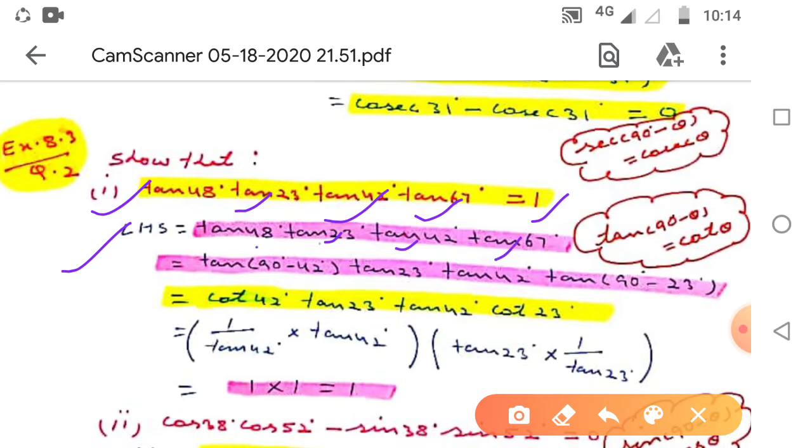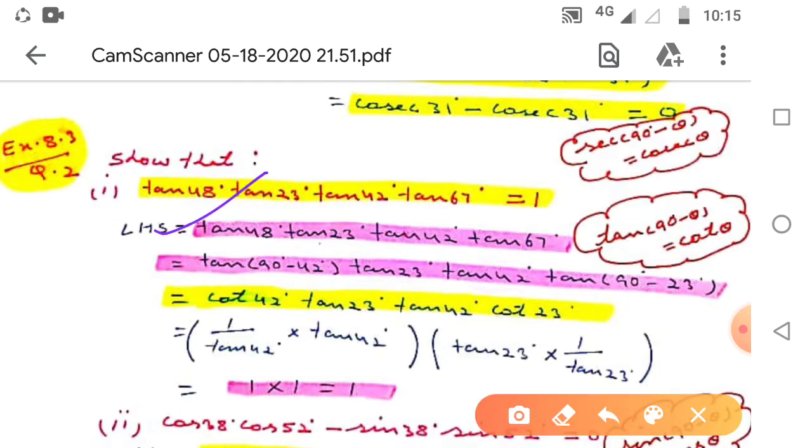Instead of writing this 48, we write tan 90 minus 42. And look at here, this is 42, so no need to change this tan 42 anymore. Here we have tan 23. And this is 67, and 67 can be written as 90 minus 23.